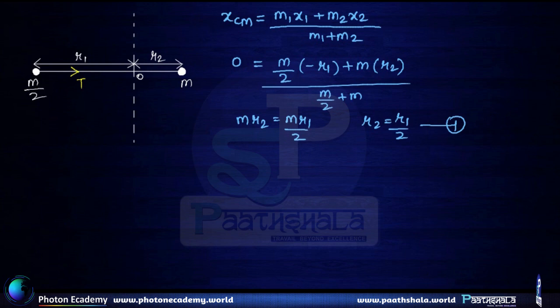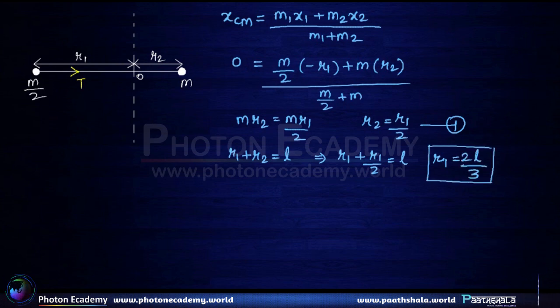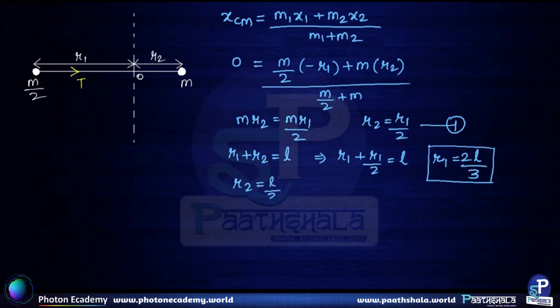Now the length of the rod is L, so r1 plus r2 will be equal to L, which gives r1 plus r1 by 2 equals L. So r1 equals 2L by 3 and r2 equals L by 3.